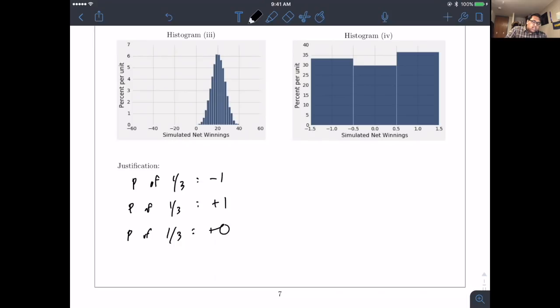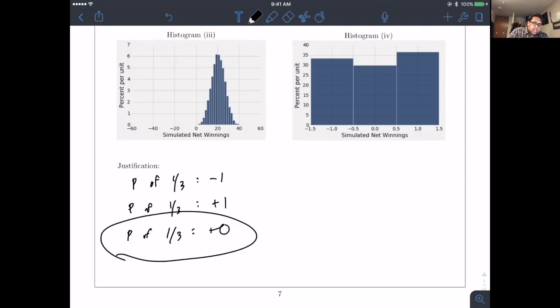first we know that the probability of being greater than 0 and the probability of being less than 0 are both equal, and they're also equal to the probability of being at 0. So we would assume that our histogram would be centered around the value of 0. Our net value would be simulated around 0.